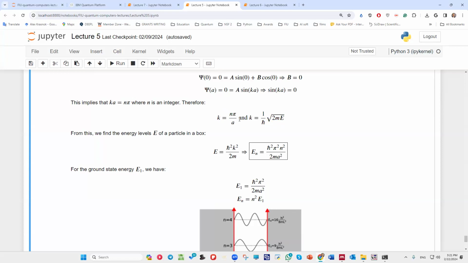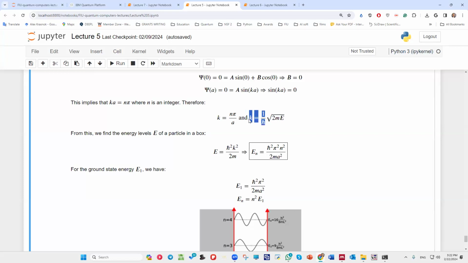Now we see that the k number is not any number. In fact, it is quantized because of this n number here. So n here is an integer number 1, 2, 3, and so on. And accordingly, since energy is connected to the wave number, the energy is also quantized.